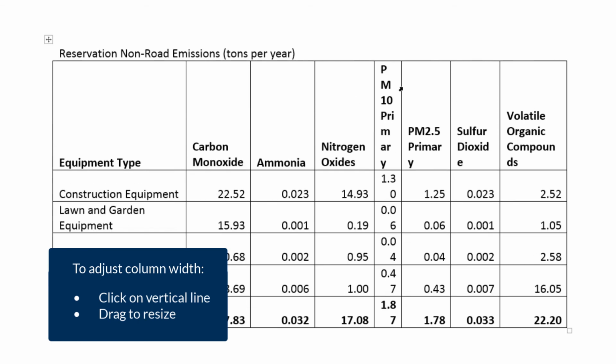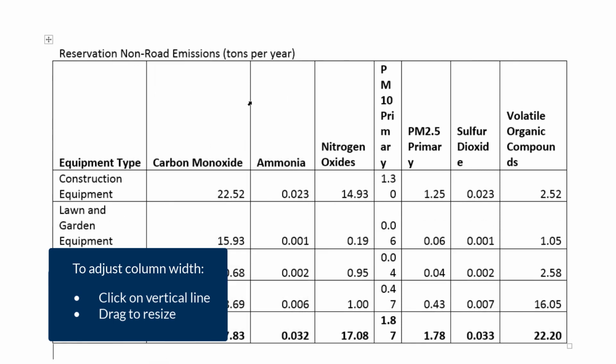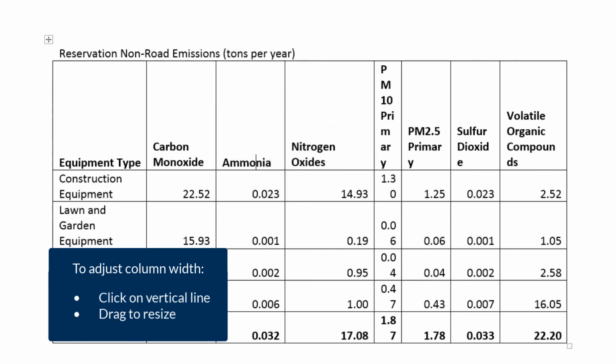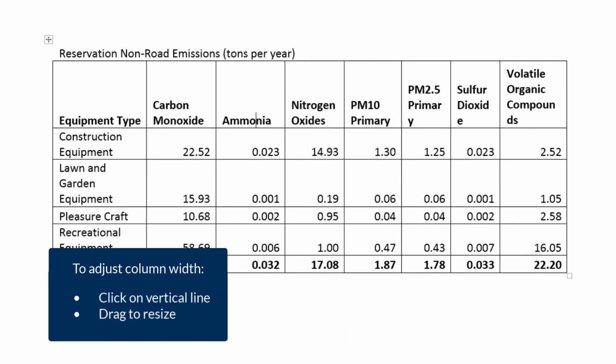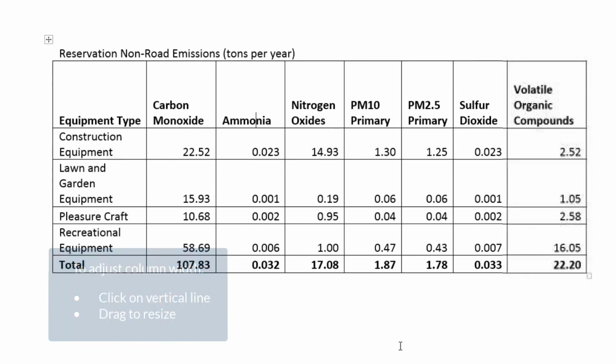And when I do that, it changes everything else. So you might have to play with this a little bit to get everything how you like it. Yeah, that looks better. Then it's not going to scroll off the page. There we go. That looks like I want it. And there you have it.